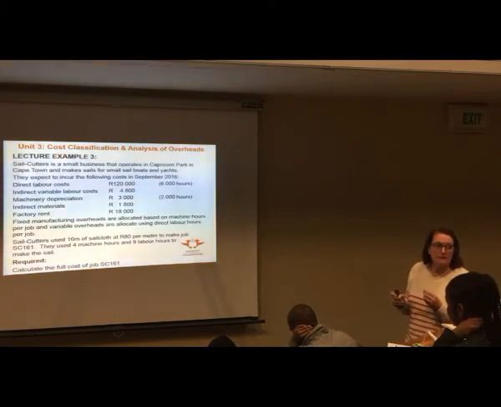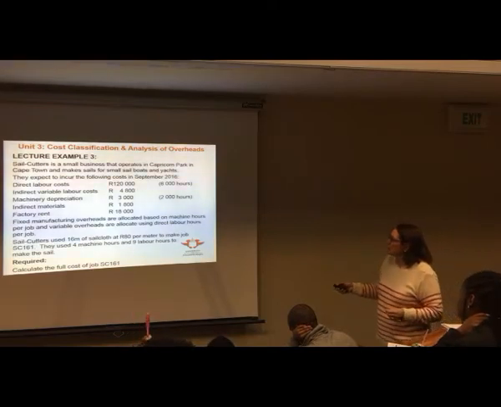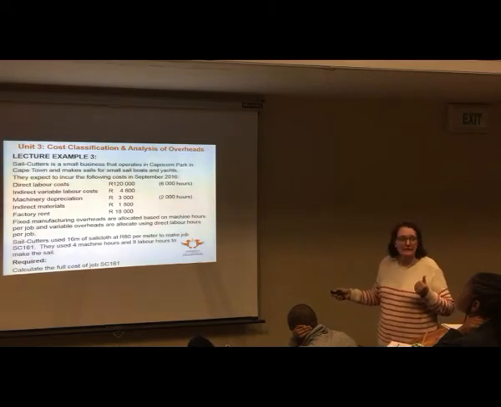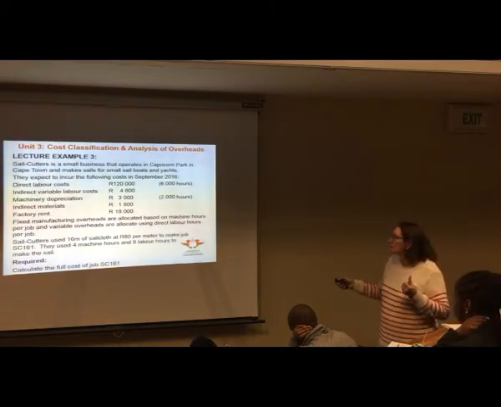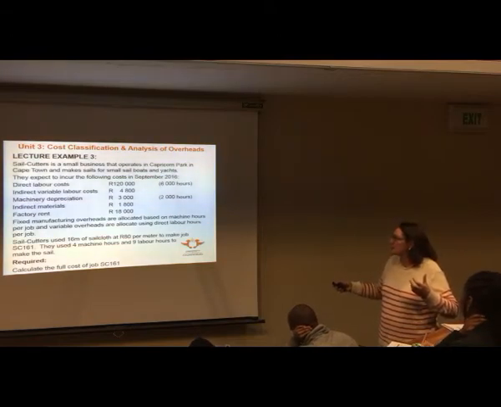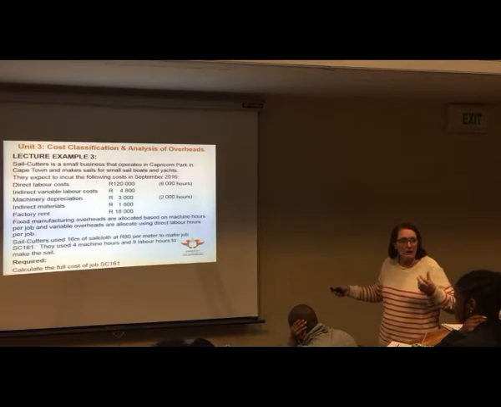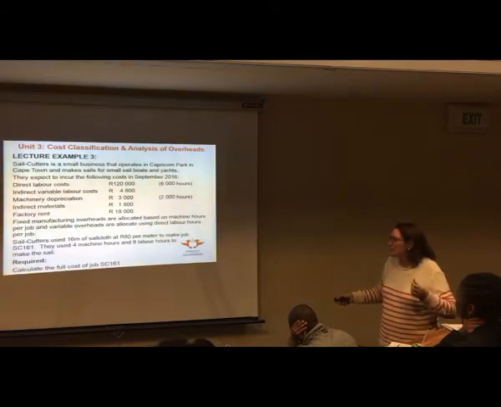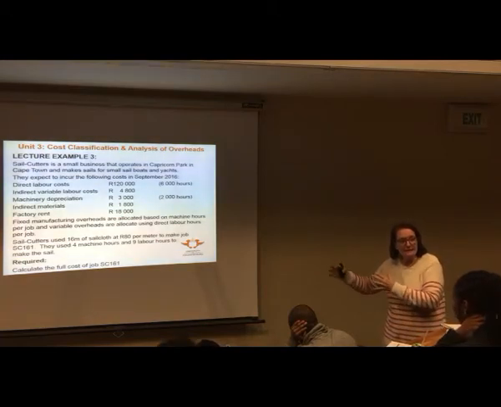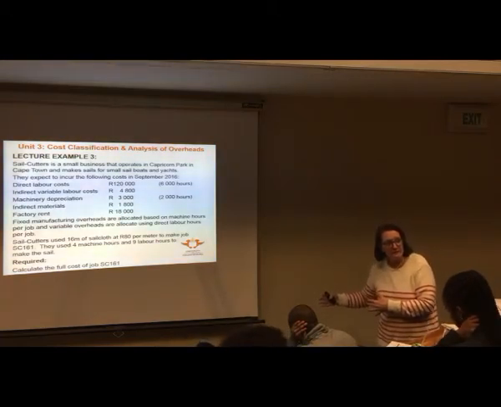Everybody still with me? Your total direct labor costs for the month are 120,000 rand. That is a total of 6,000 direct labor hours. That must be 20 rand an hour. And we used 9 hours. Therefore, the labor we used on this job is 9 hours at 20 rand, which is 180 rand.